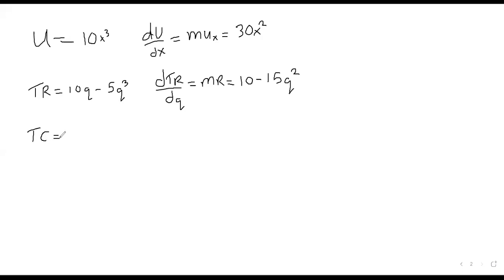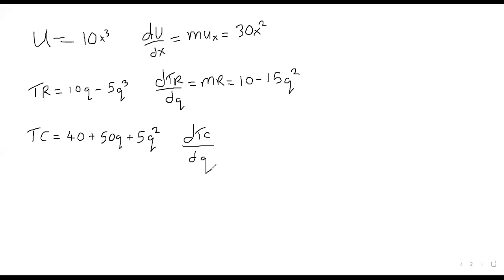So if we have a total cost function, which for instance is given by 40 plus 50Q plus 5Q squared. Total revenue becomes marginal revenue. Total cost becomes marginal cost. So when you differentiate this, dTC over dQ, what does it become?